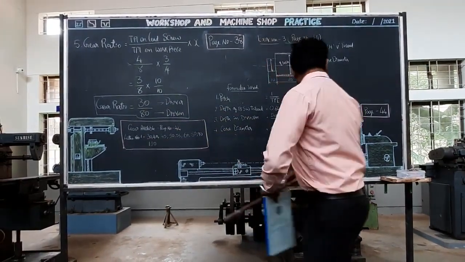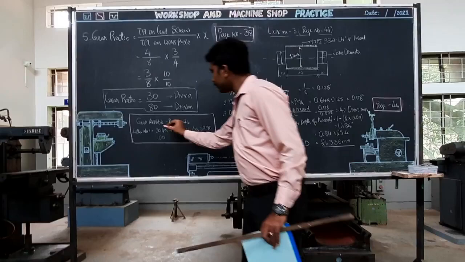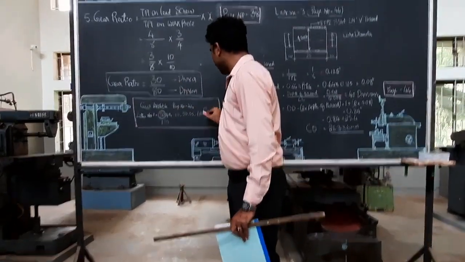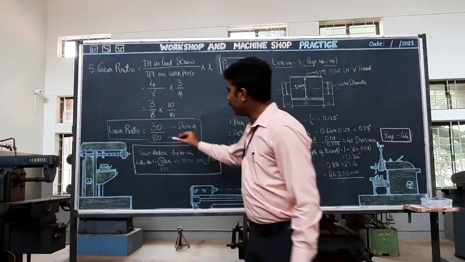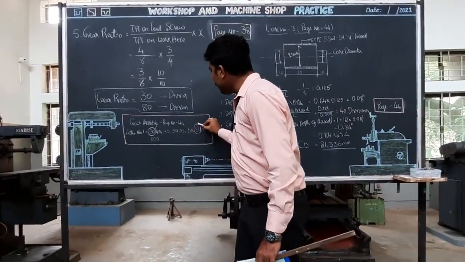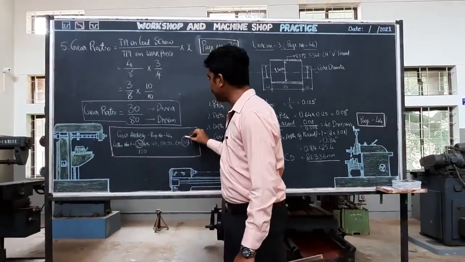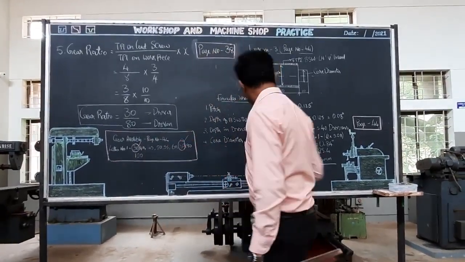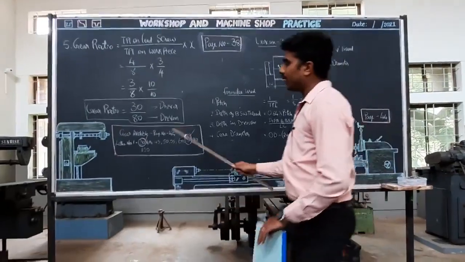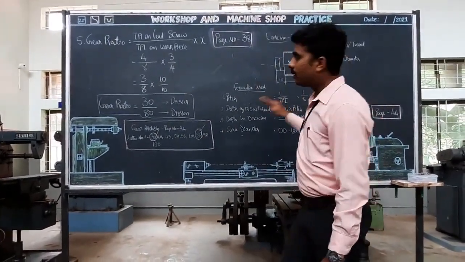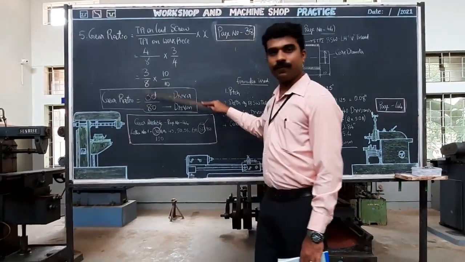You can see there is 30, and you also have 80. Clear? So a gear with 30 teeth is available, a gear with 80 teeth is available. That means your answer is right, and you can fabricate the 8 TPI thread by using this gear ratio.